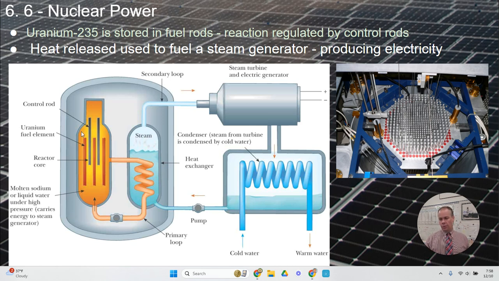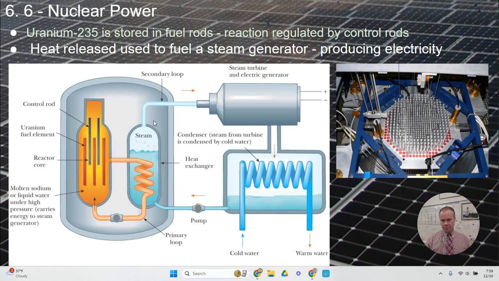Okay, and so this nuclear reactor is producing huge amounts of heat. And that heat heats up sodium or water, and as it cycles through, it converts water into steam.